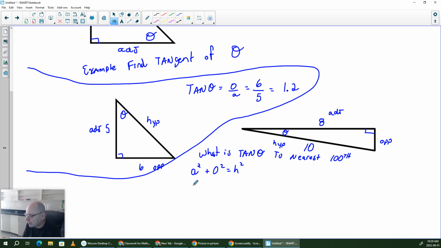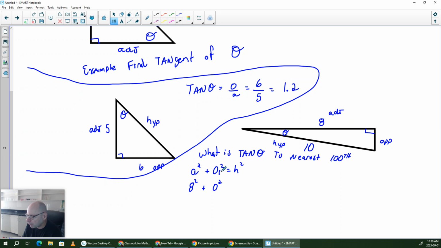So we've got 8 squared for the adjacent side, plus the opposite side is unknown. That's not a 0, that's an O. I should have used some other letter, that's kind of a bad one to use for that.